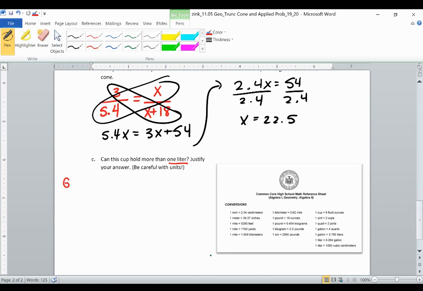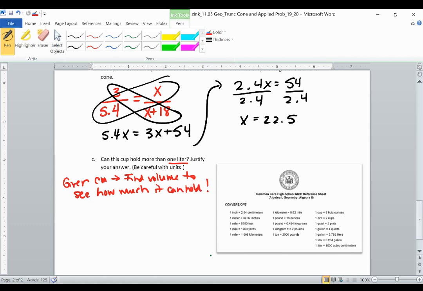So you're given centimeters, so find the volume to see how much it can hold. Then we can convert it to liters and see, is it more than 1 liter or less than 1 liter that it can hold?